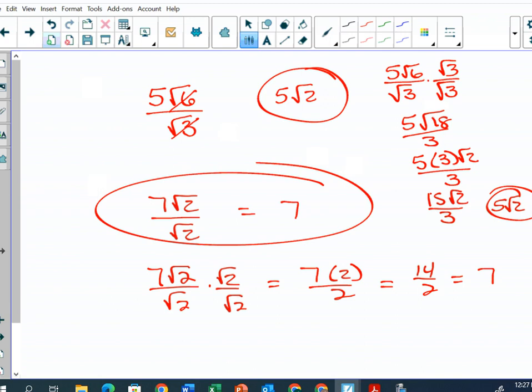Much faster to just reduce, guys. Please, just reduce. Save yourselves the time. You don't have to simplify the radical then. You can just be done.